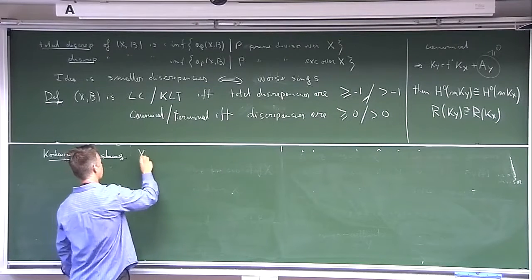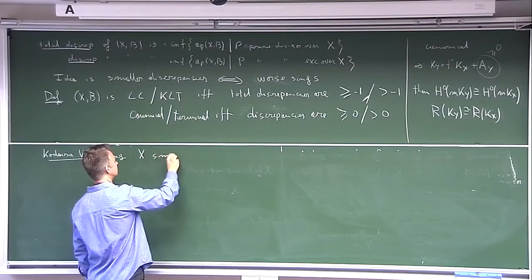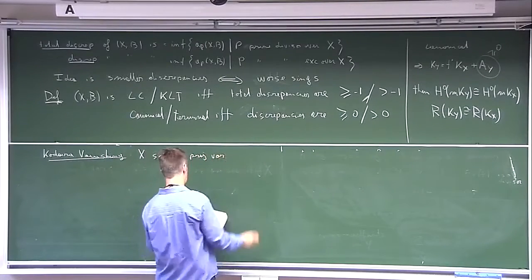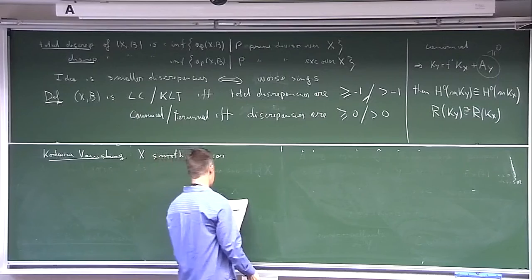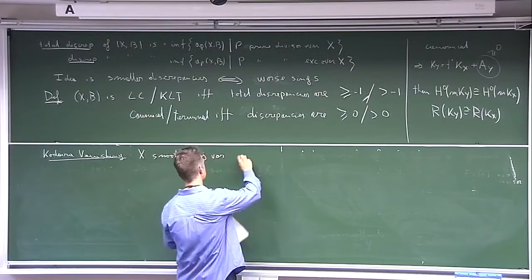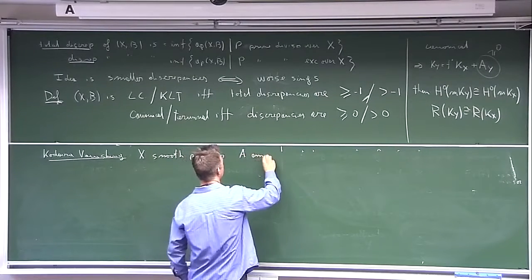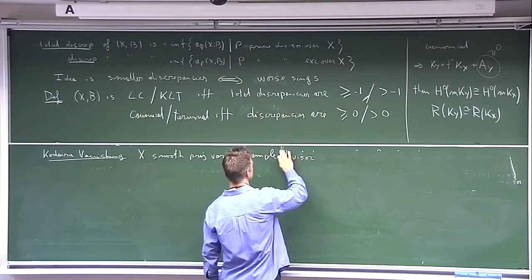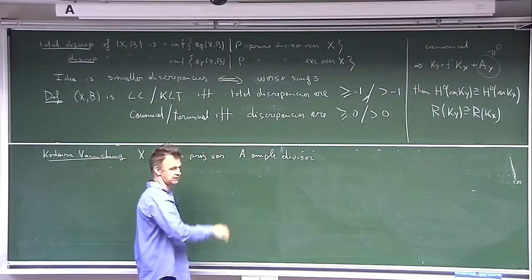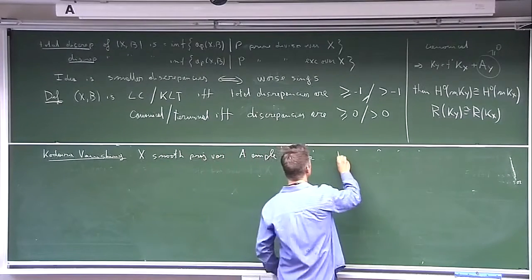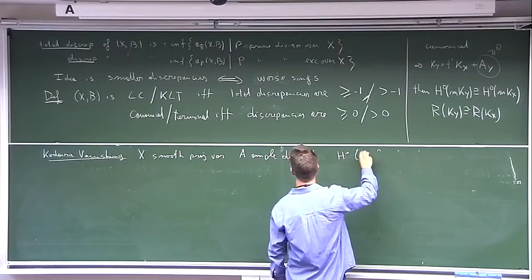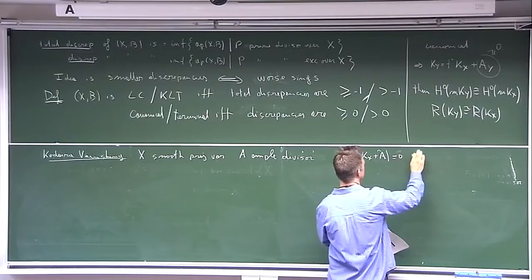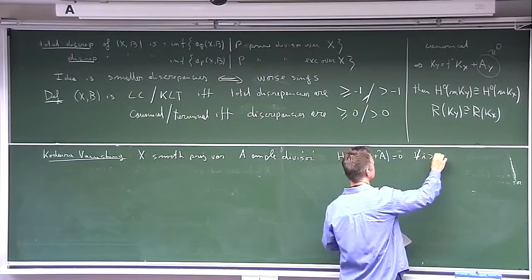So let's say that you have X, some smooth projective variety over the complex numbers, or at least a field of characteristic 0. And let's say that we pick A, an ample divisor. So an honest divisor with integral coefficients, if you prefer, think of it as a line bundle. Then all higher cohomology of K_X plus A always vanishes for every i greater than 0.